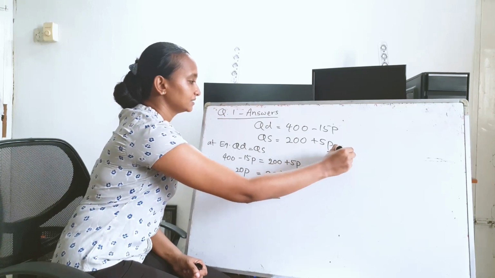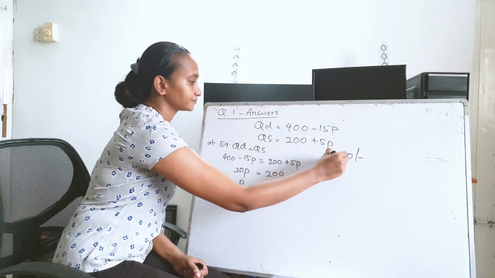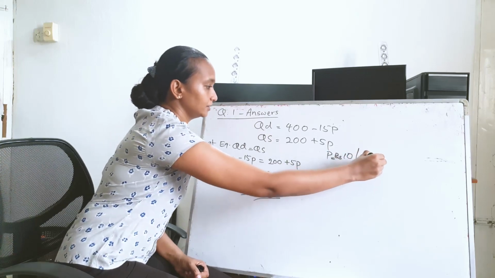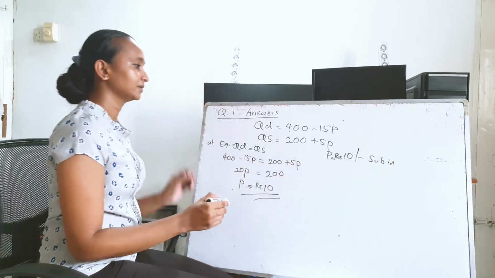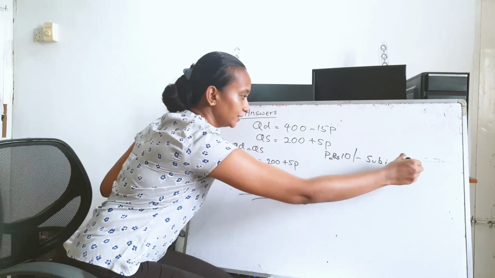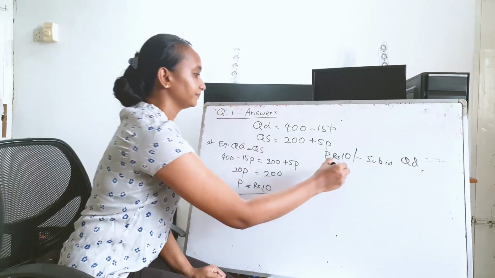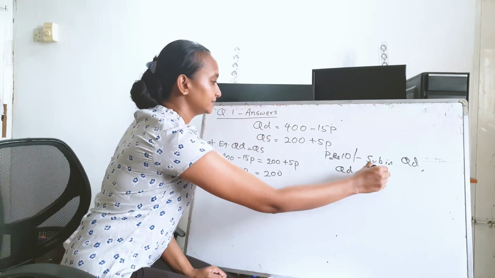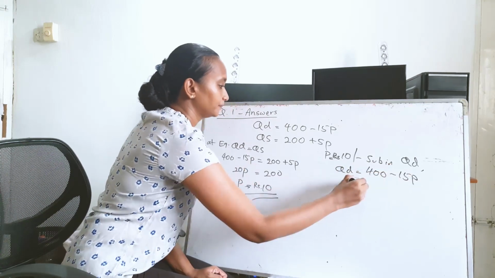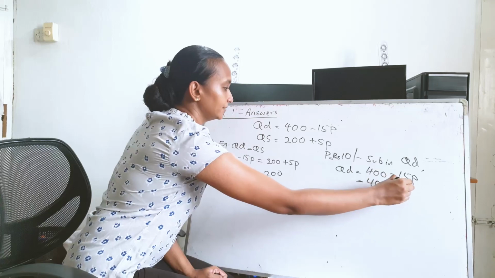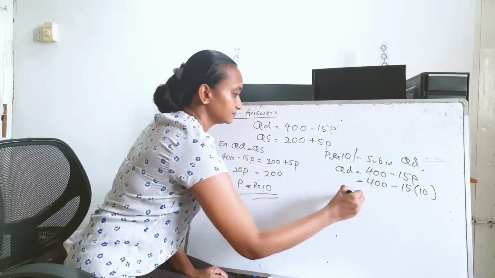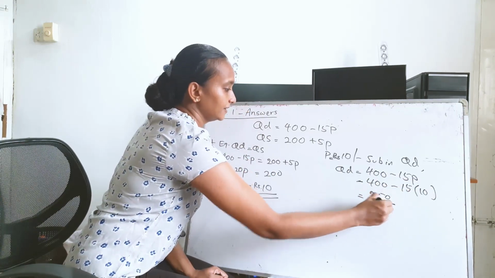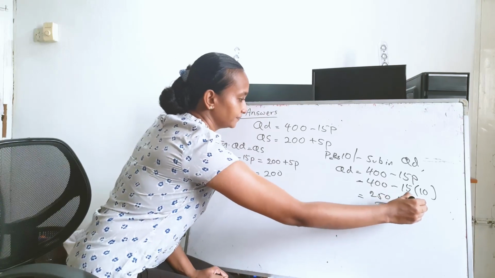You can substitute in the QD or QS equation. QD equals 400 minus 15p, 400 minus 15 into 10, that will be 250 units.